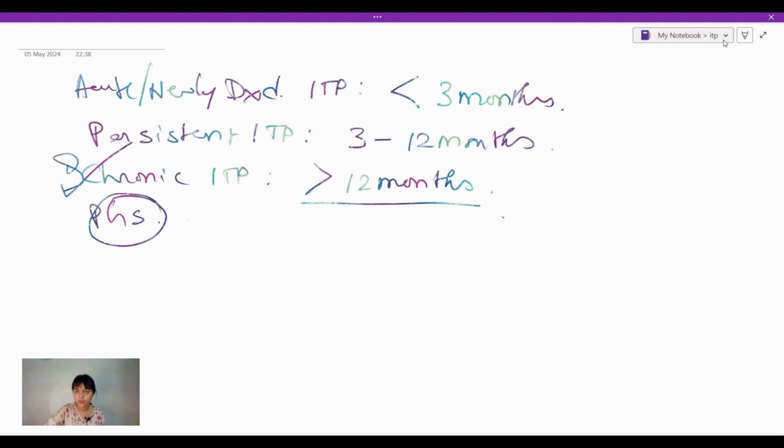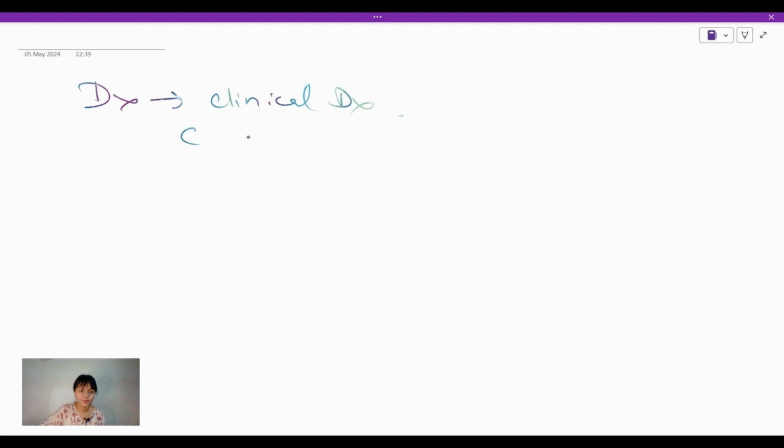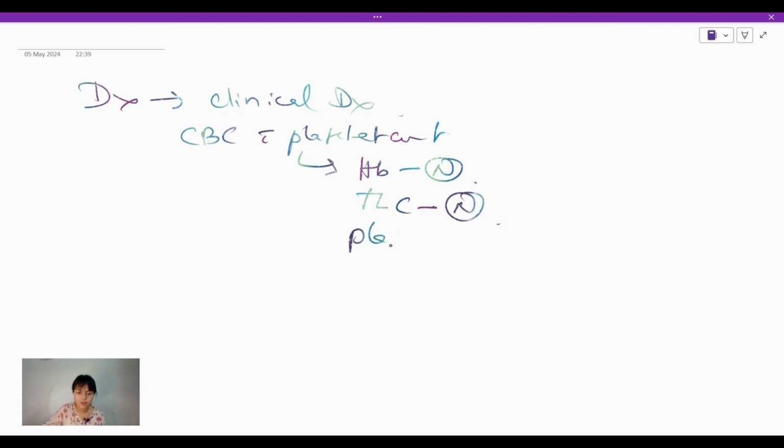Right? Next is diagnosis. How are you going to diagnose? Basically, ITP is a clinical diagnosis. Okay, you just order a CBC with platelet count, and what you will get is hemoglobin will be normal, the TLC will be normal, and platelet count will be low, that is thrombocytopenia.